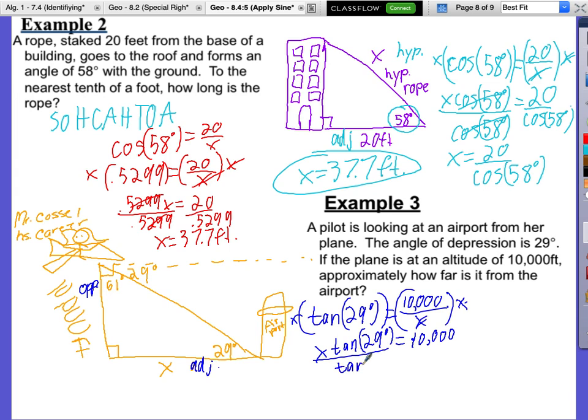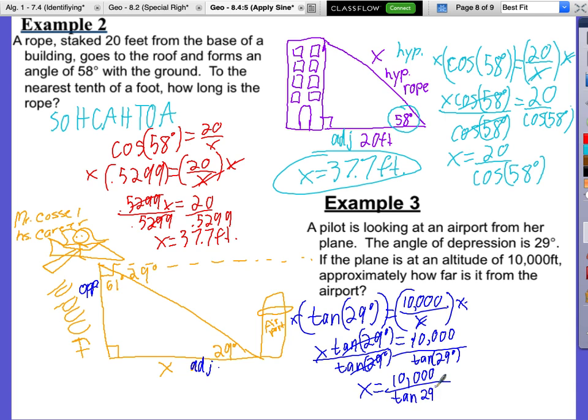Very good. Divide both sides by tangent of 29 degrees. x is equal to 10,000 over tangent of 29 degrees.